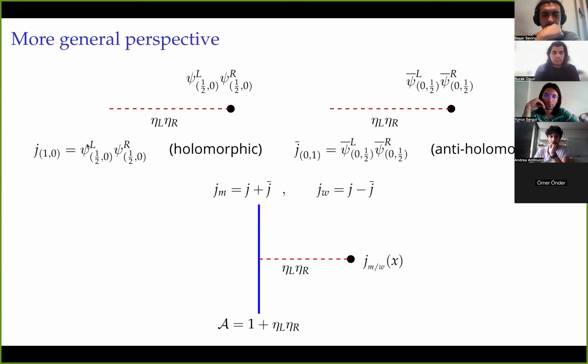This current is non-local because it will be attached to this Z2 line that is obtained as the product of the two Z2 lines from left and right. So in the folded theory, I have a Z2 times Z2 symmetry. I'm basically focused on the diagonal, and this holomorphic current is a semi-local operator living at the end of this Z2 line. And similarly, I have an anti-holomorphic current. And then clearly I can construct some combinations to get real operators. And this almost gives me a continuous symmetry.